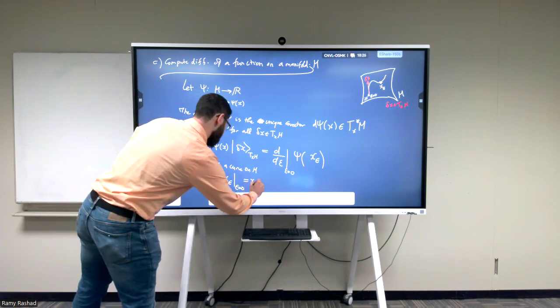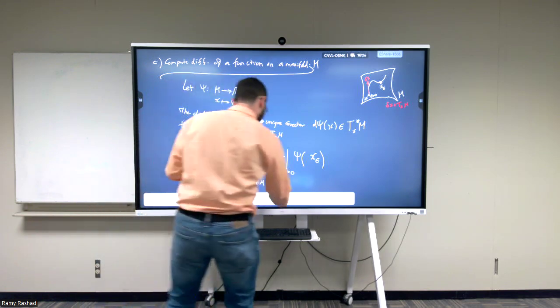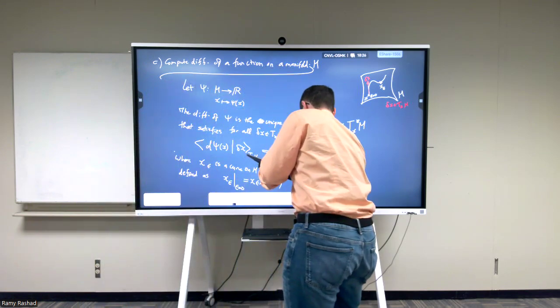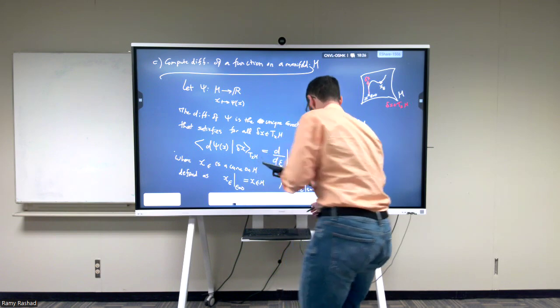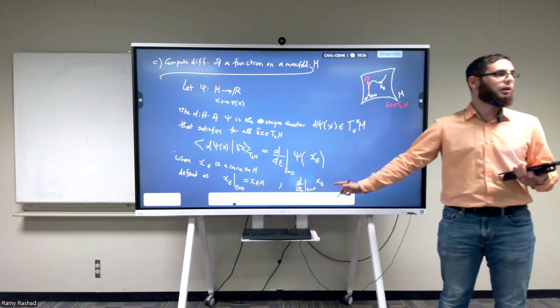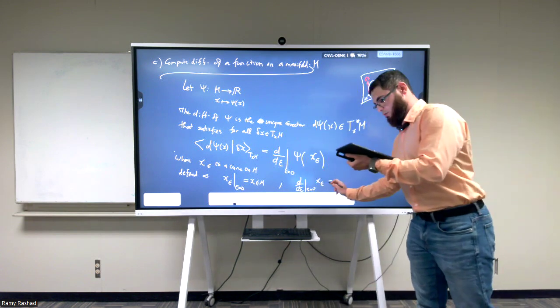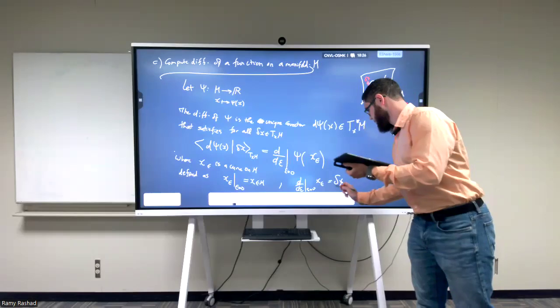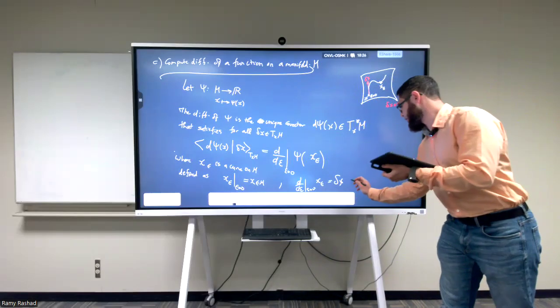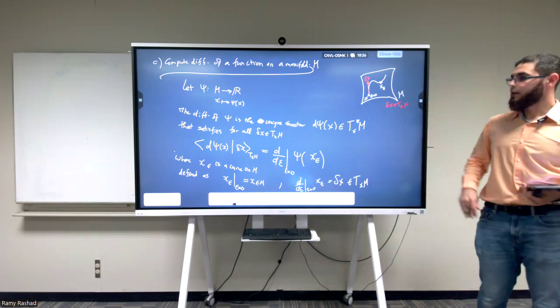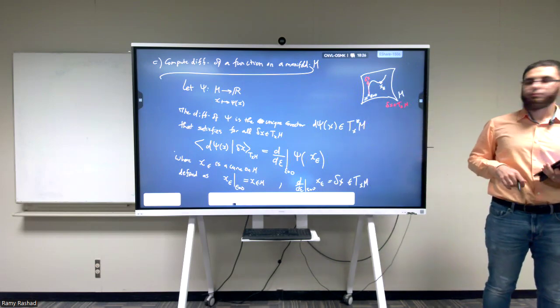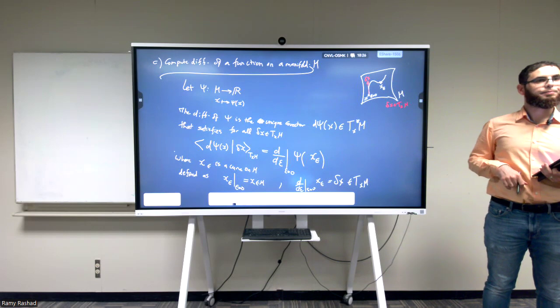I get the point x on M. While when I take the d by d epsilon and evaluate at epsilon equal to 0 of this curve, which is the definition of the tangent vector, we get delta x, which lives in the tangent space. This is the definition of the covector.